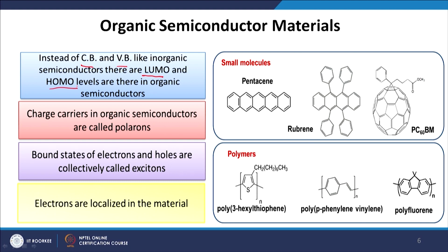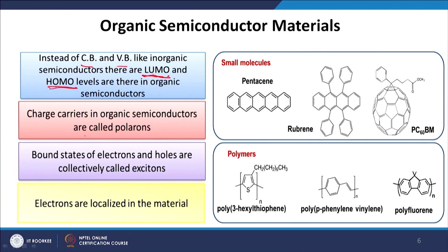We already mentioned it earlier, the word LUMO stands for lowest unoccupied molecular orbital, and the word HOMO stands for highest occupied molecular orbital. So, as you can understand, the LUMO corresponds to the conduction band and HOMO corresponds to the valence band. So, the same thing as valence band and conduction band in an inorganic semiconductor is the HOMO energy level and LUMO energy level in an organic semiconductor.